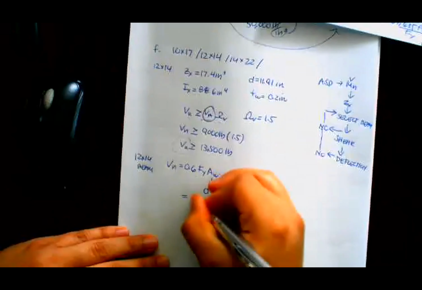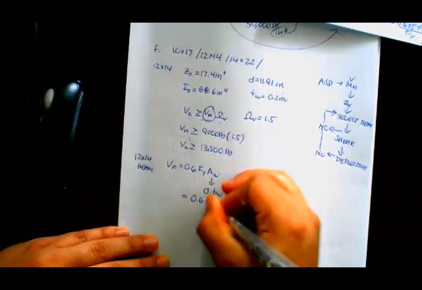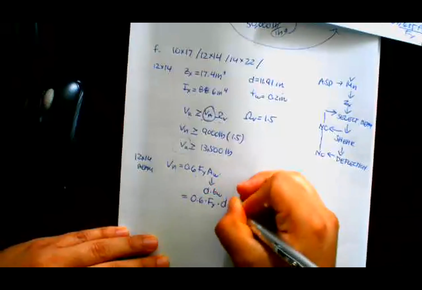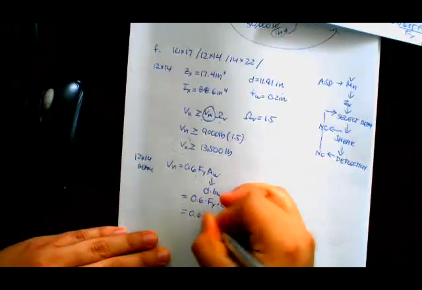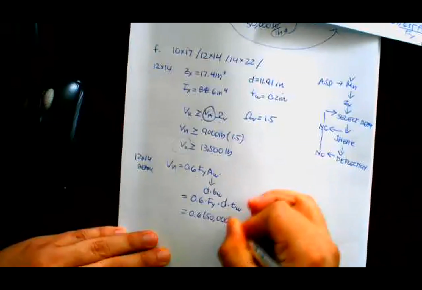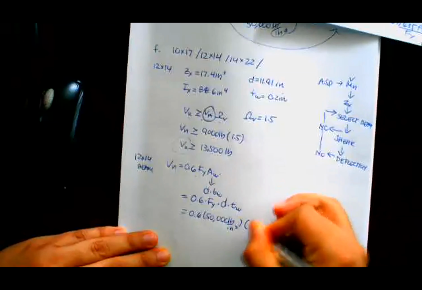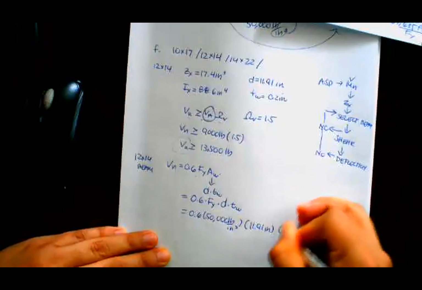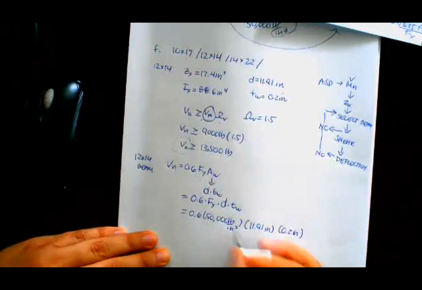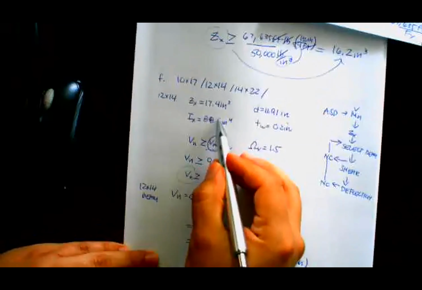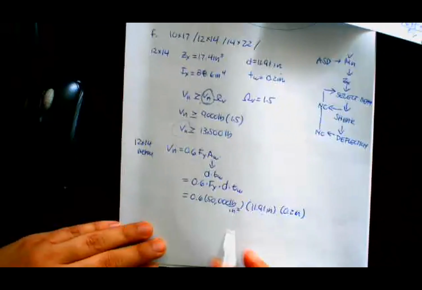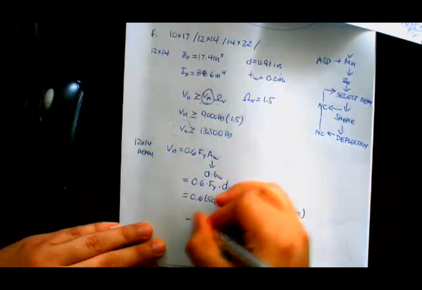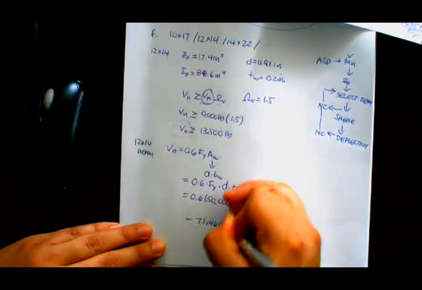So I'm going to rewrite this formula as 0.6 times Fy times D times TW. And I'm going to plug and chug. 0.6, 50,000 pounds per inch squared times 11.91 inches times 0.2 inches. I got this from the properties of the beam. It's right here. So that's why I wrote it down, because I knew I was going to need it. Then I go ahead and say that equals 71,460 pounds.